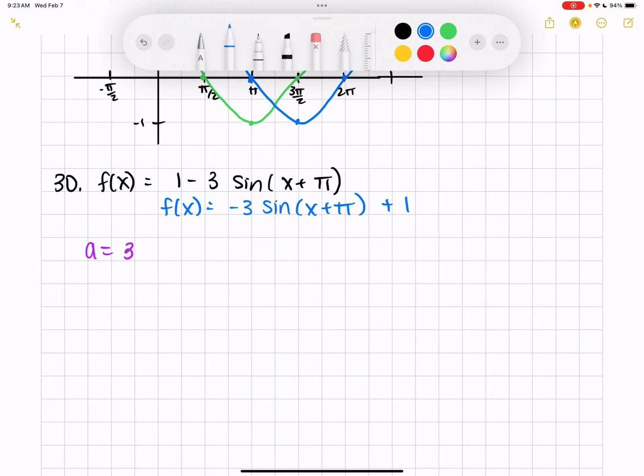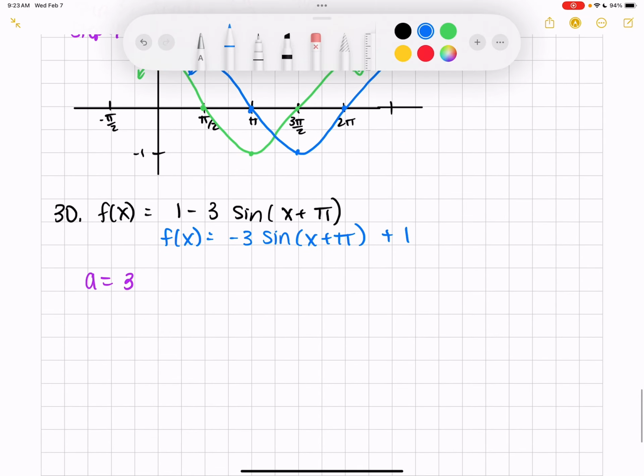Let's see, step 2 is period. So what is the period of this? 2 pi over 1. The number in front of here is a 1. So this is just 2 pi.